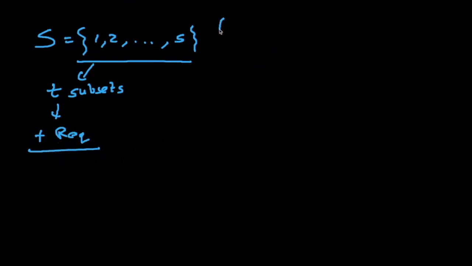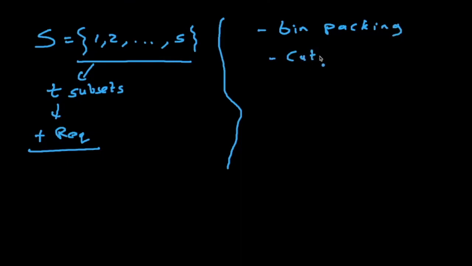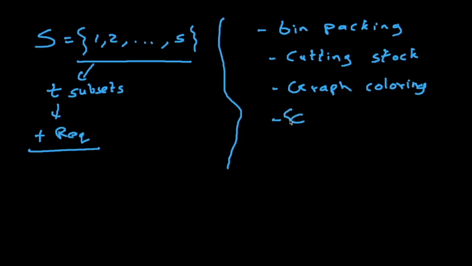So this particular structure is very famous in integer programming, and it appears in a lot of different theoretical problems. Some of the examples are bin packing, cutting stock, then there is graph coloring, which can be either vertex or edge coloring, and finally scheduling.